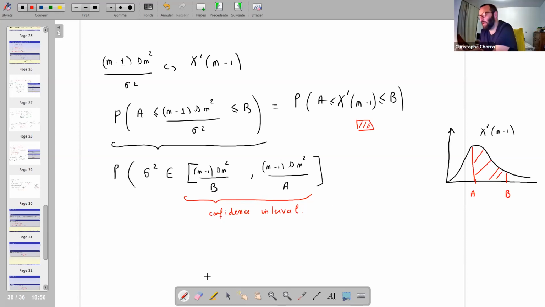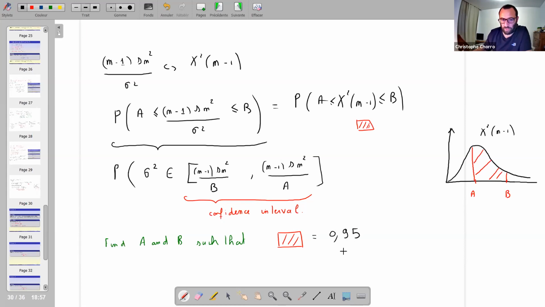So what is the idea to find A and B such that the area in red here, that is this probability, is equal to 95%.